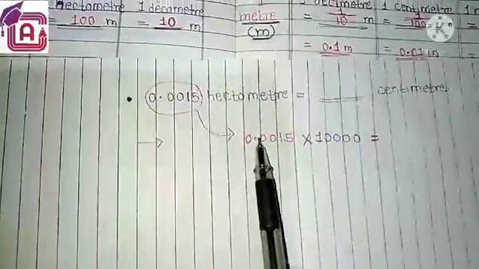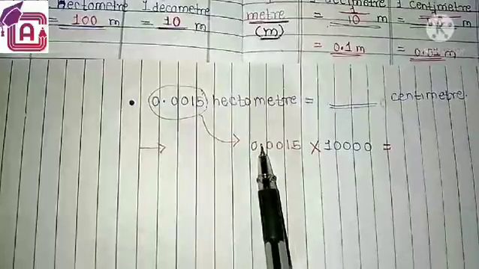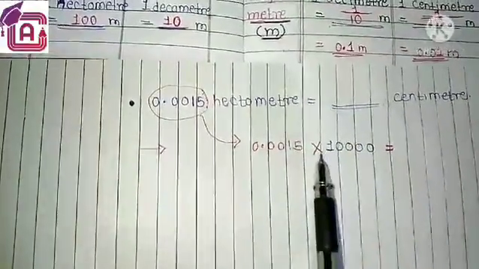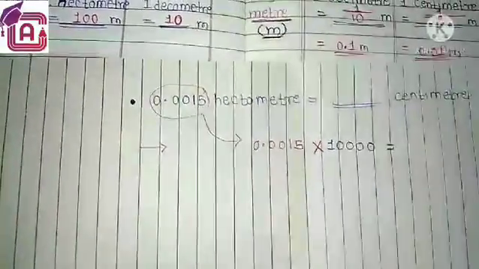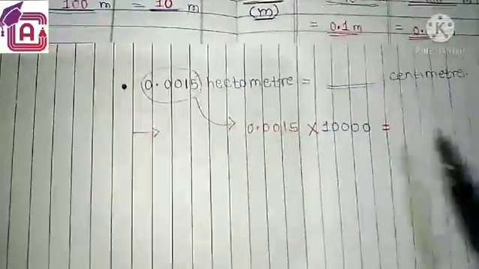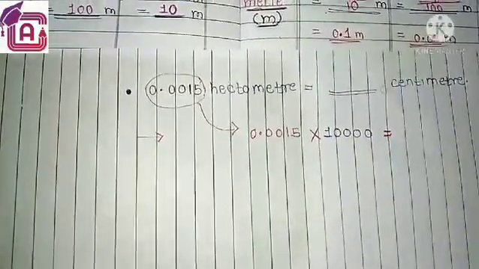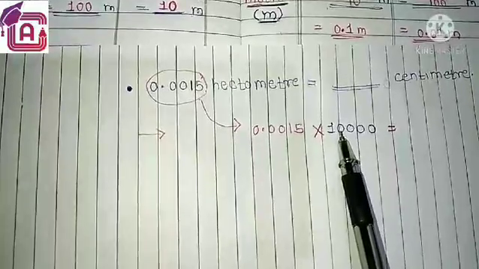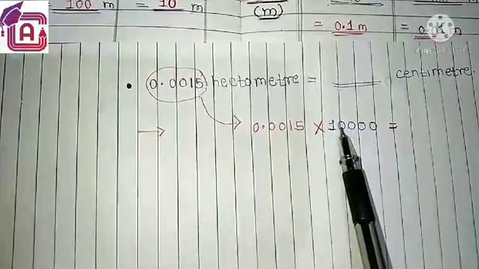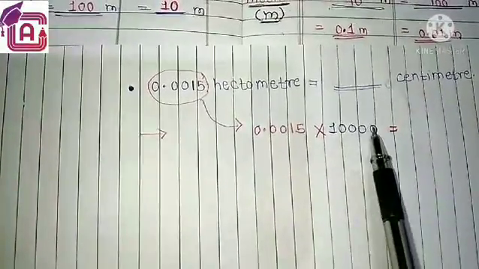So shift your decimal point towards the right hand side when you are multiplying with 10, 100, 1000, 10,000. So count the zeros on the 1, 1, 2, 3, 4 and shift the position of your decimal point.